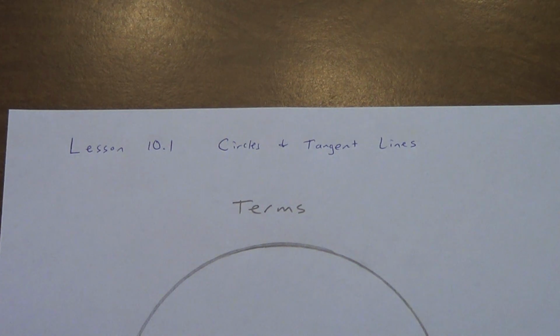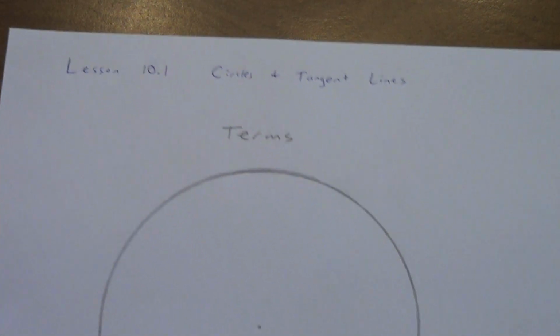So here we go. By now, I sure hope most of you know that this big thing here is a circle, okay? But if I actually asked you to define a circle, my guess is you probably could not do it. So I want you to take a second and actually think of what a circle is.